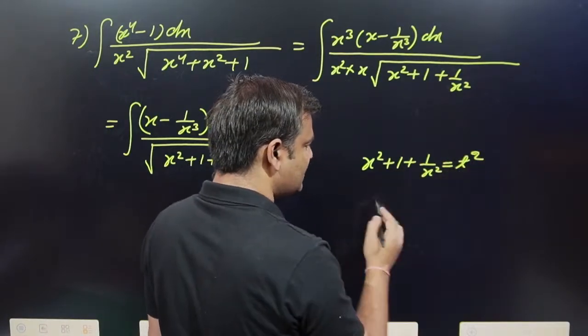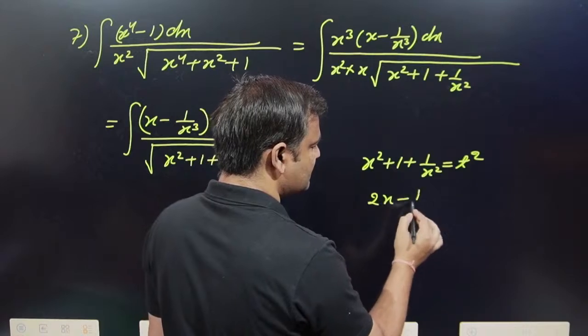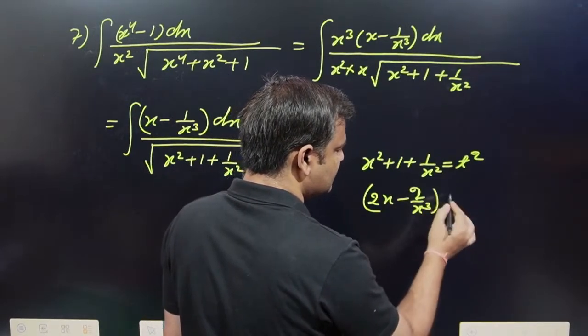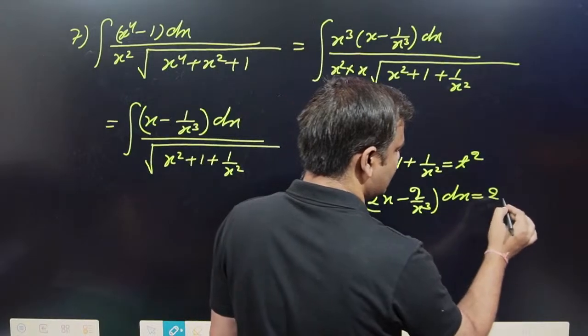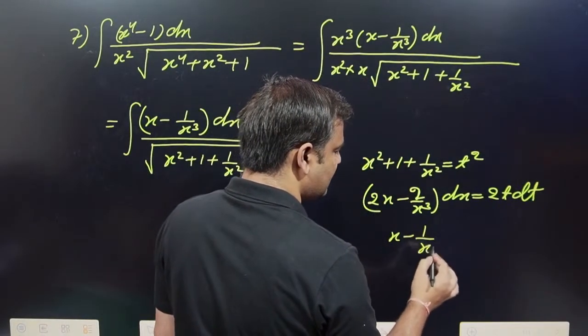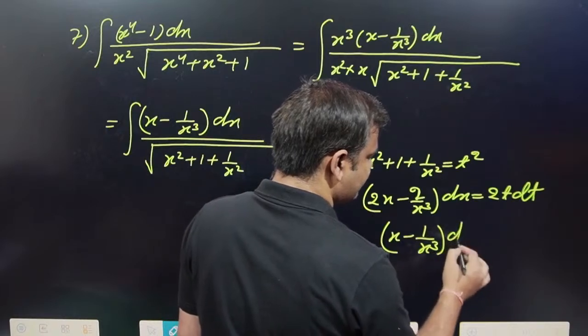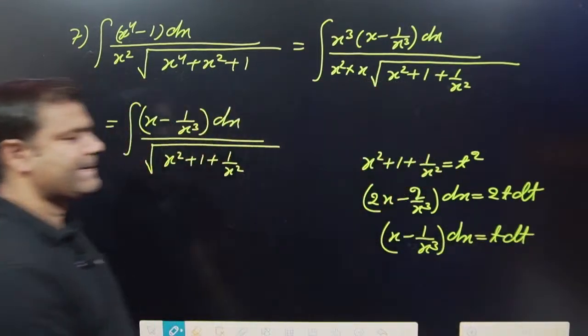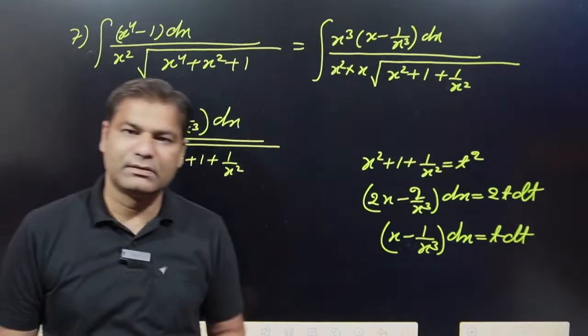So differentiation of this one, 2x minus 2 divided by x cube into dx, that one replaces t dt. So (x minus 1 by x cube) dx equals t dt. Okay, I hope so clear.